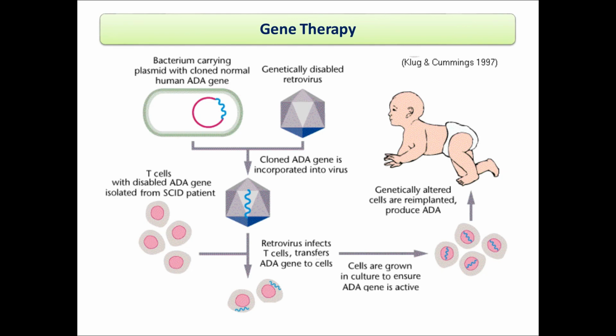Because of it, the person will not be able to produce a T lymphocyte that can elicit an immune response against the invading pathogens. For this, a bacterium carrying plasmid with the cloned normal human ADA gene is incorporated into the plasmid, and it is inserted into the sick patient's cell using a retrovirus.